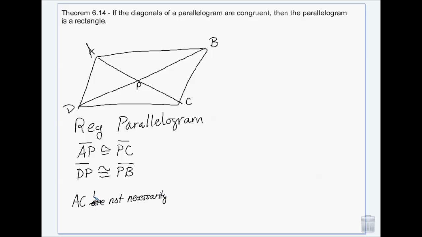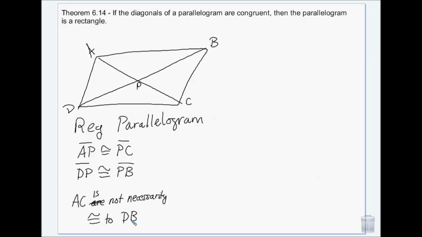No, sorry, AC is not necessarily congruent to DB. Okay, so it can be congruent, but it's not necessarily congruent. We don't know anything about these two lengths in relationship to each other.